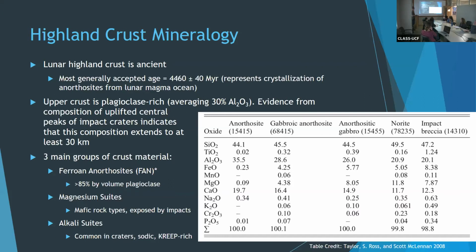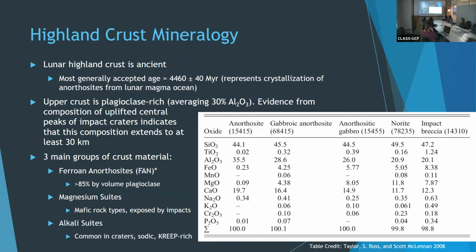And the upper crust is very plagioclase rich, and evidence from the composition of the uplifted central peaks of those craters indicates that this composition does extend out to at least 30 kilometers away from all the craters. And then, as Dr. Denevi said in her talk, there are basically three main groups of crust material that everything can be put into. There are, as we were talking about, those Ferroan anorthosites, or FANs.